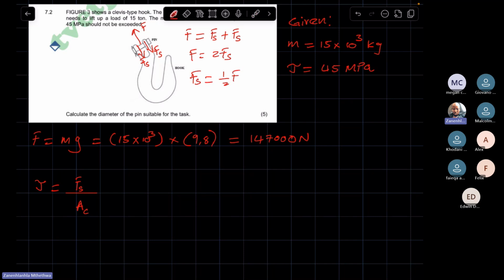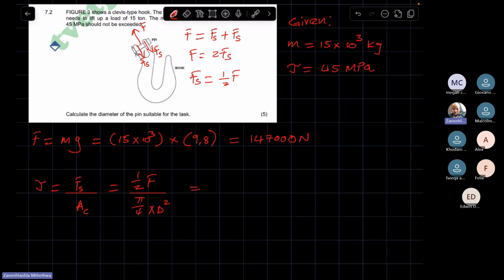So in replacing the shearing force with what it is equal to, here you would have half this force divided by pi over 4, which is the area of cut, which is equivalent to the cross-sectional area of the pin, times the diameter of the pin squared.